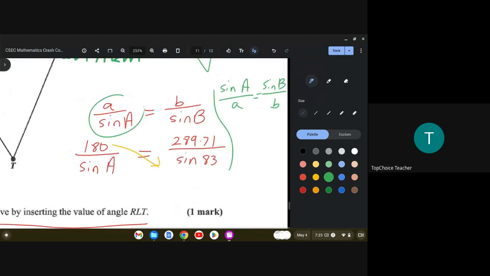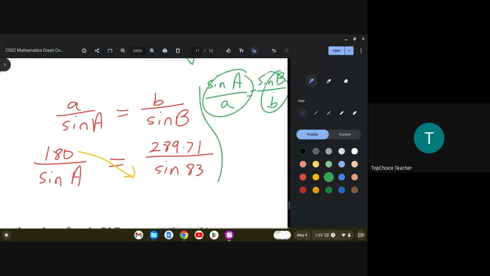Both of these are just ratios, and it doesn't matter which one you choose because they are in essence the same numbers. You will get the same answer using either way of writing the sine rule. Is that clear?